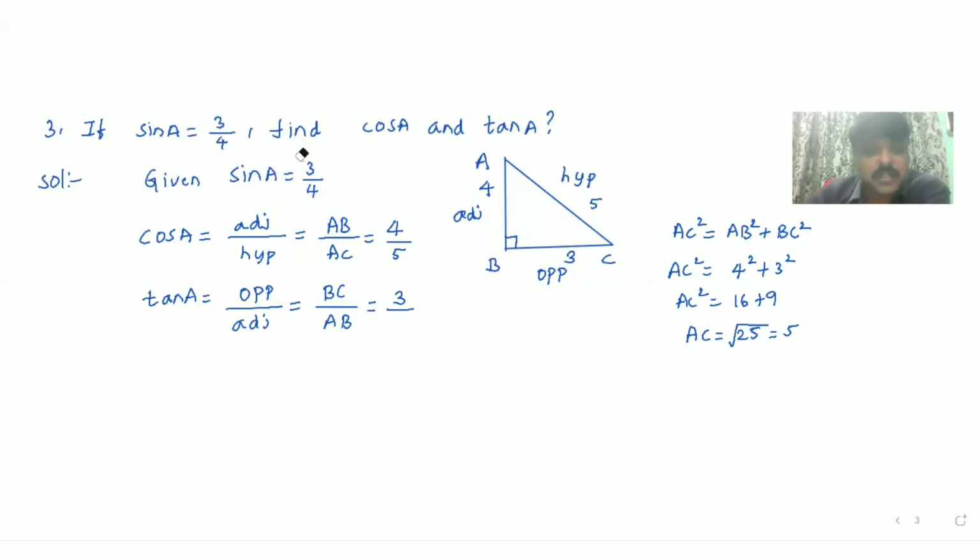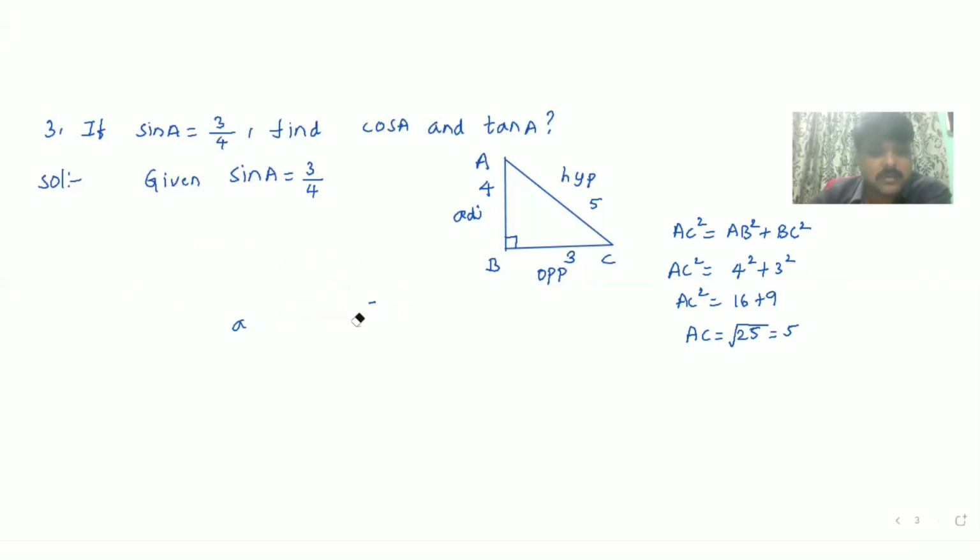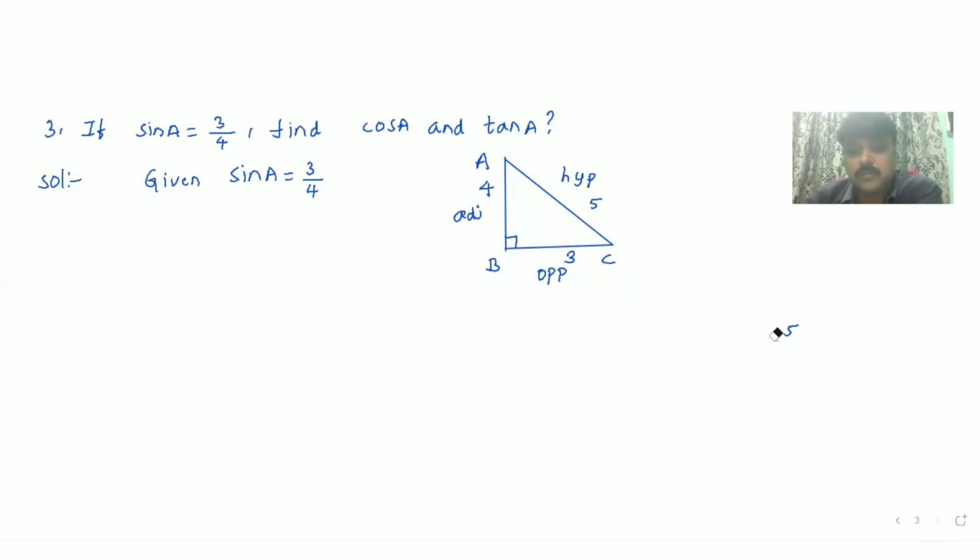Sine is nothing but 3 by 4, he has given, right? Wait a bit. Sine A equals 3 by 4. Opposite it is 3 and hypotenuse it is 4.